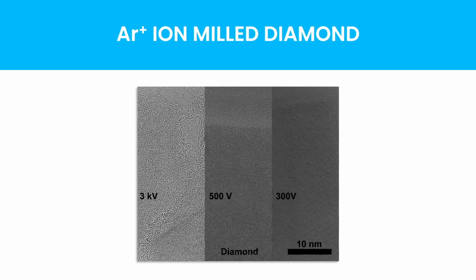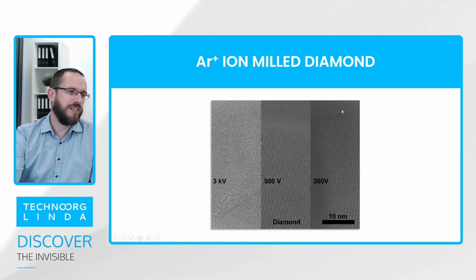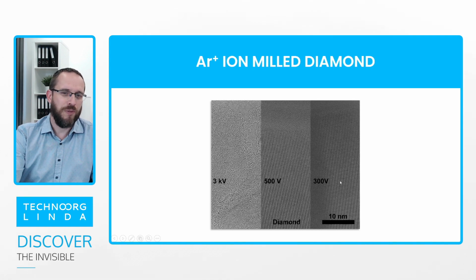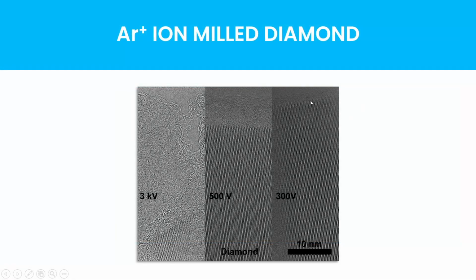So it indicates that we still have some amorphous material on this sample. But if you look at the right image, which shows the sample when it was cleaned with 300 volt argon ions, you only see a very, very little amorphous edge, and the lattice image here looks much, much better.